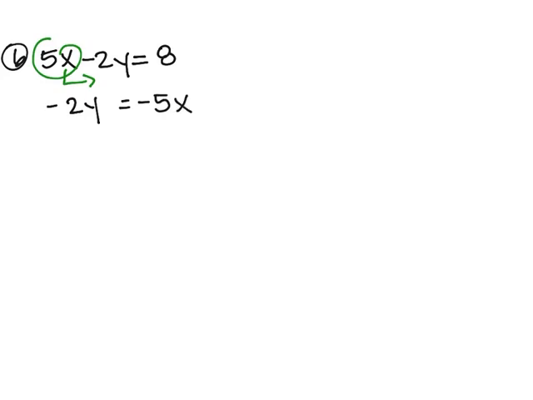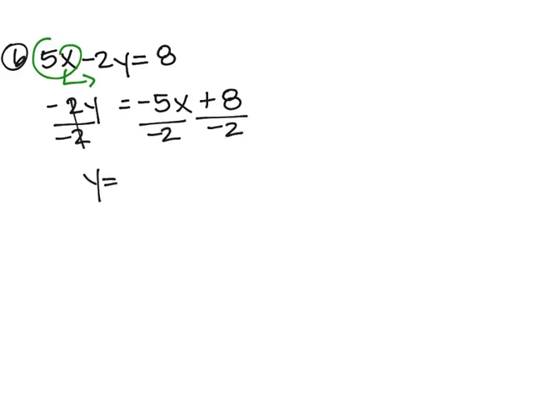Number 6, we have 5x minus 2y equals 8. So we're going to solve this for y, put it in slope-intercept form. So we're going to move 5x over by subtracting it. And then we're going to divide everybody by negative 2.